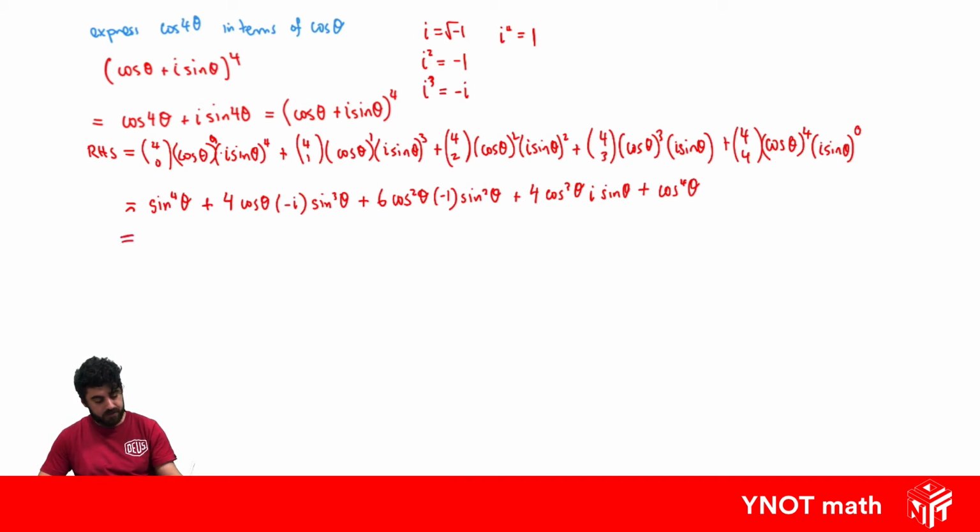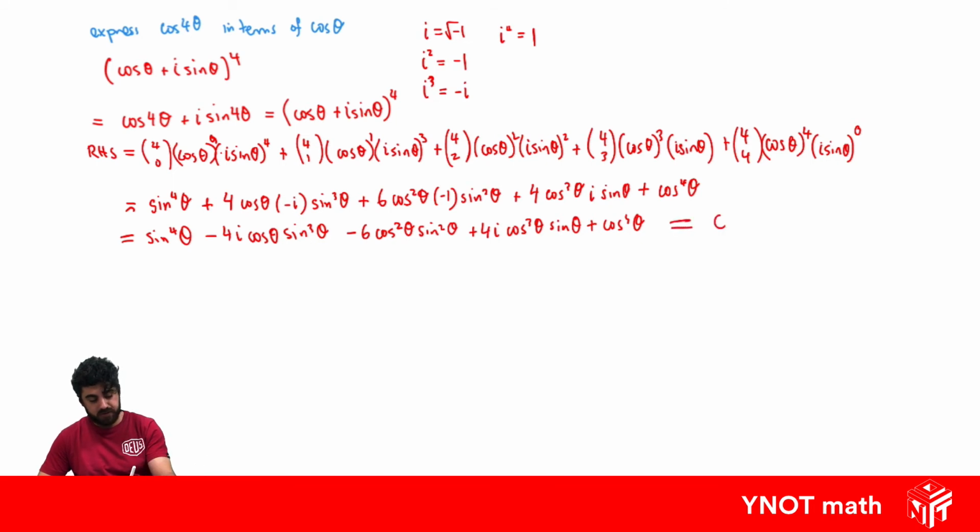So let's just tidy this up. We're going to have sine to the 4 theta minus 4i cos theta sine cubed theta minus 6 cos squared theta sine squared theta plus 4i cos cubed theta sine theta plus cos to the 4 theta. So this is our right hand side, and let's equate it to our left hand side.